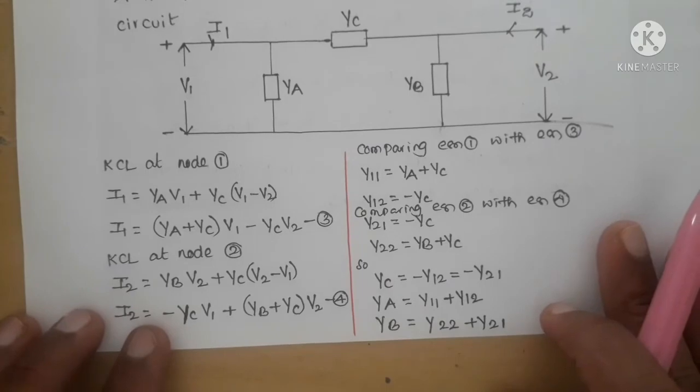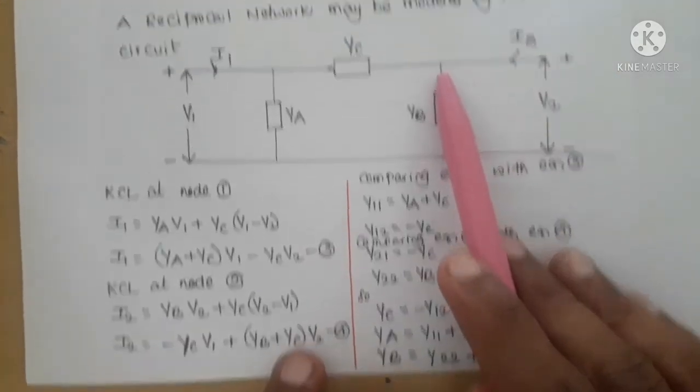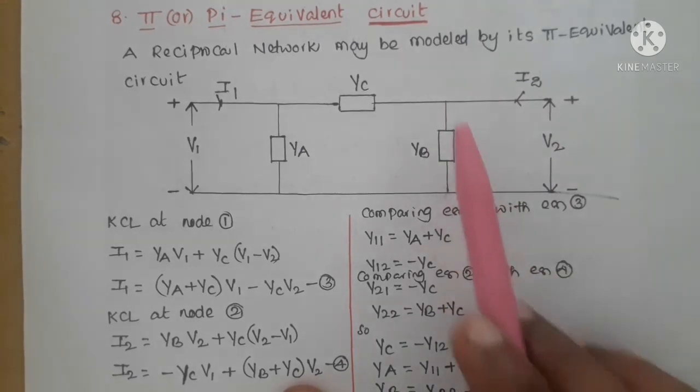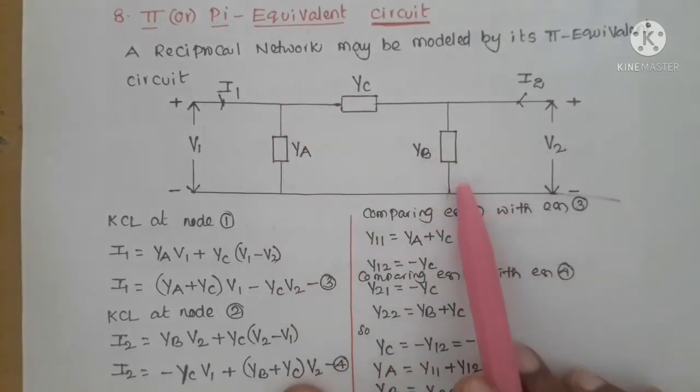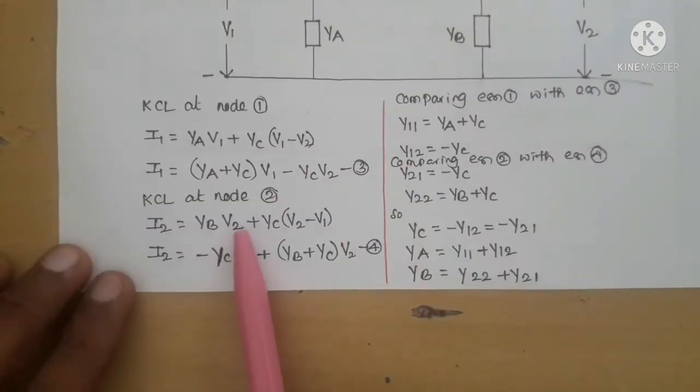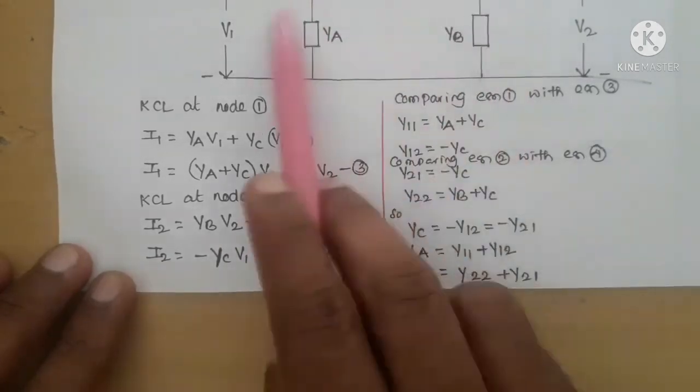Similarly, if you write KCL at node 2, so this is node 2, I2 equals the current in this branch plus the current in this branch. The current in this branch is YB into V2. So I2 equals YB V2 plus YC times (V2 minus V1), the current in this branch in this direction.